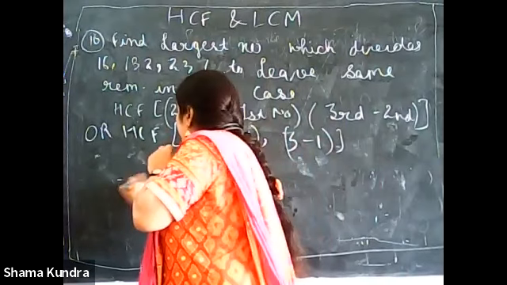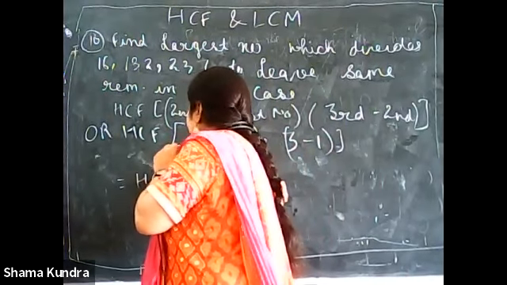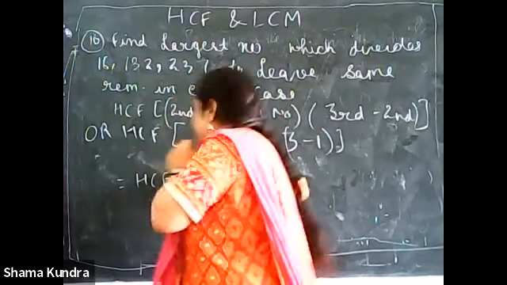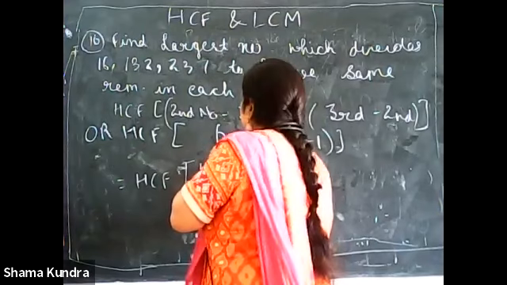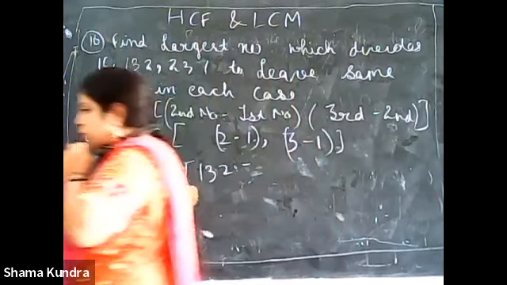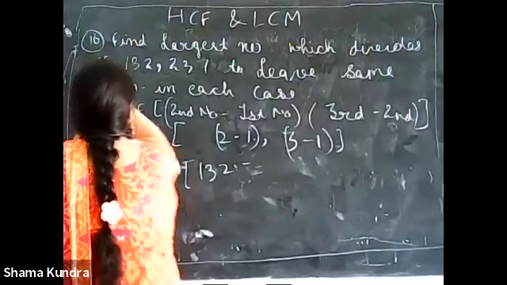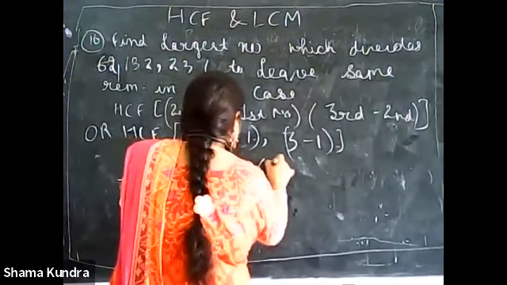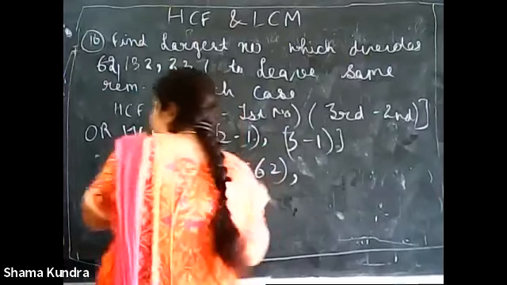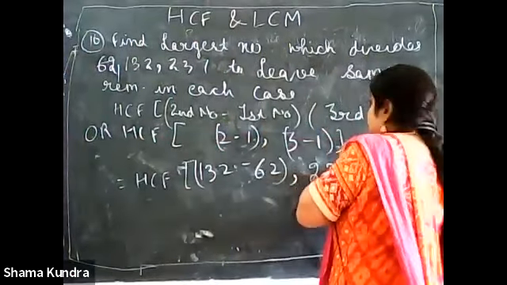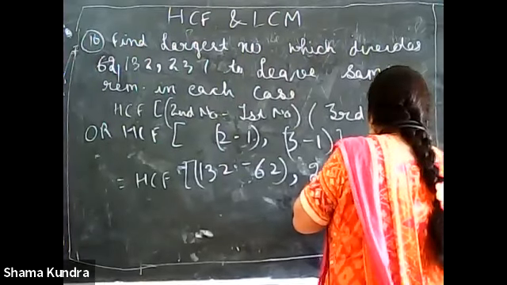Now you have to subtract any two numbers. Suppose second number minus first: 132 minus 62. Here it is 62, not 16. 132 minus 62, and then 237 minus 132.